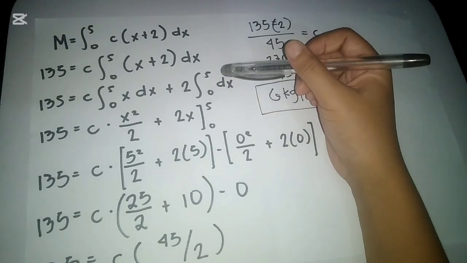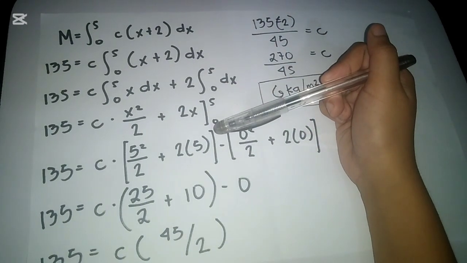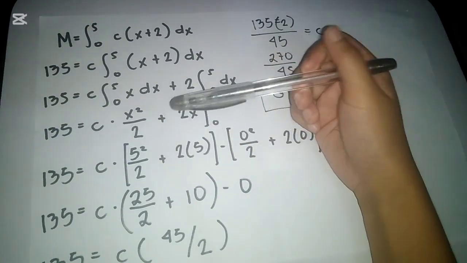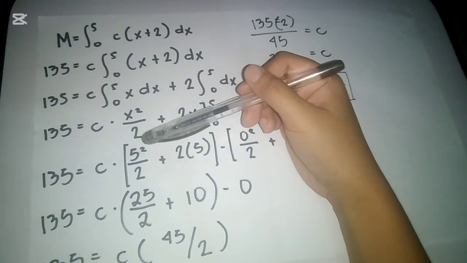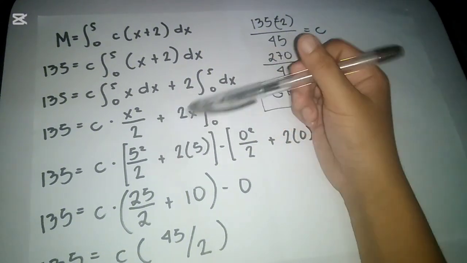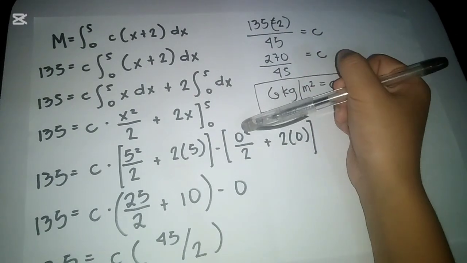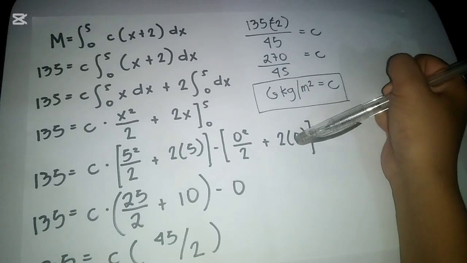And now we have 135 is equal to c multiplied by 5 squared over 2 plus 2 multiplied by 5, minus 0 squared over 2 plus 2 multiplied by 0.